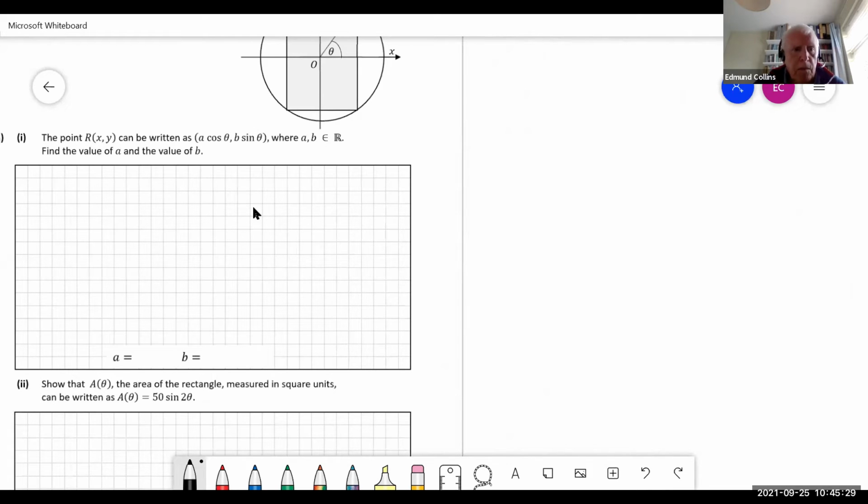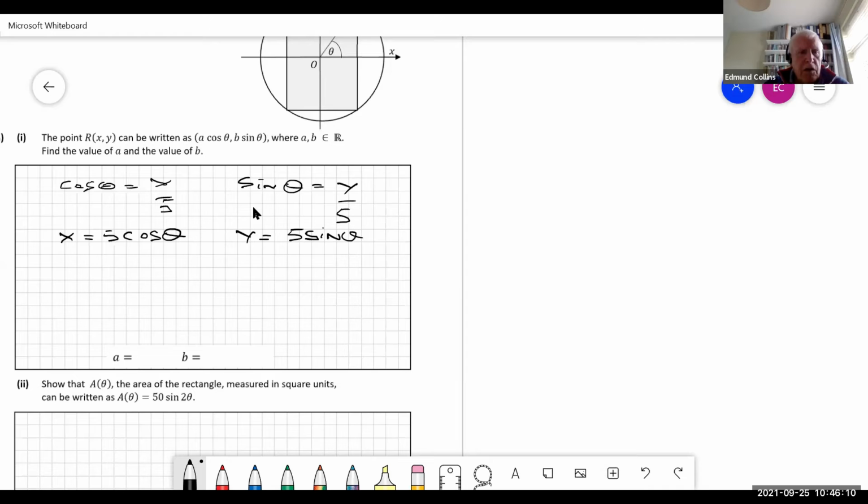We'll start with the cos of theta equal to x over 5, and the sine of theta equals y over 5. So then we can write it this way, that x equals 5 cos theta and y equals 5 sine theta.